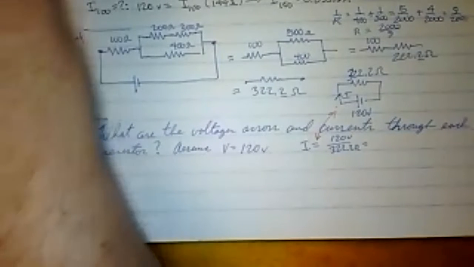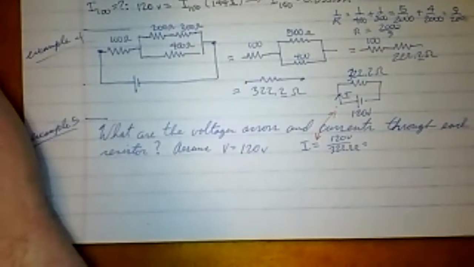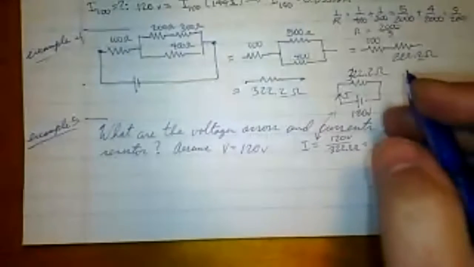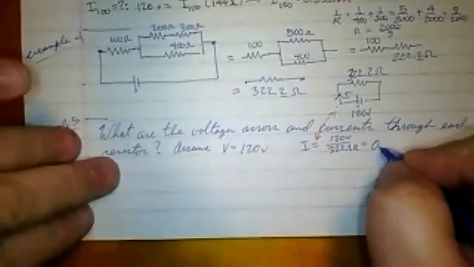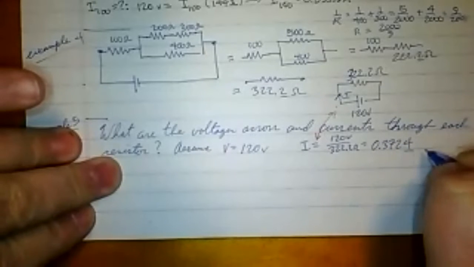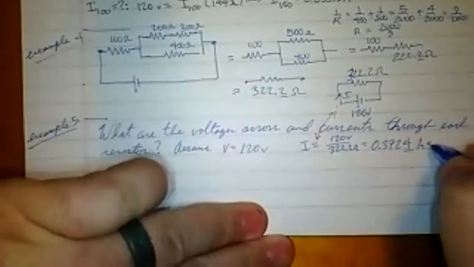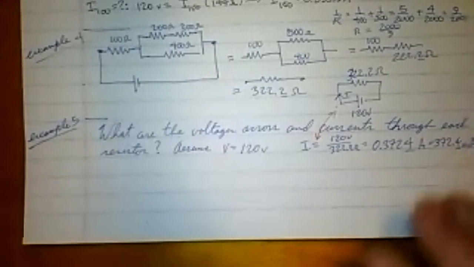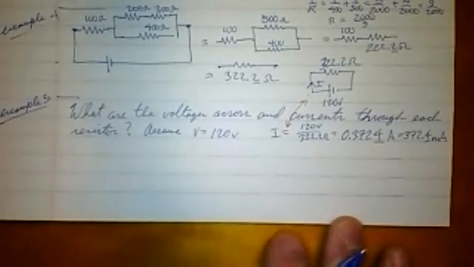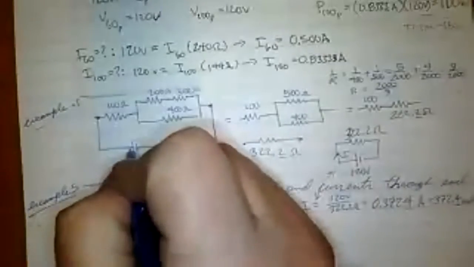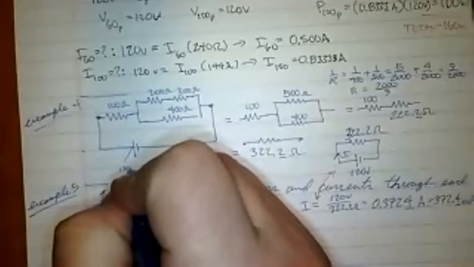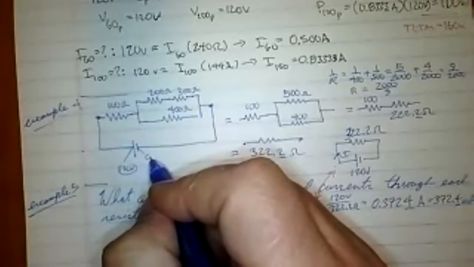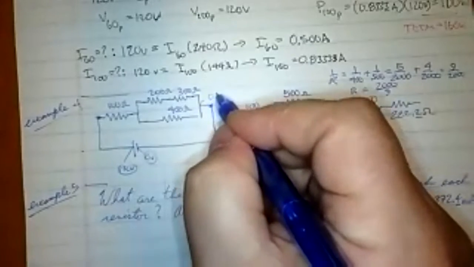So that gives me 0.3724, which you could call 372.4 milliamps if I wanted. So I know the total current. That's nice. And of course, I know this is going to be 120 right here and 120 right there. And this, of course, will be 0 right here and 0 right here.